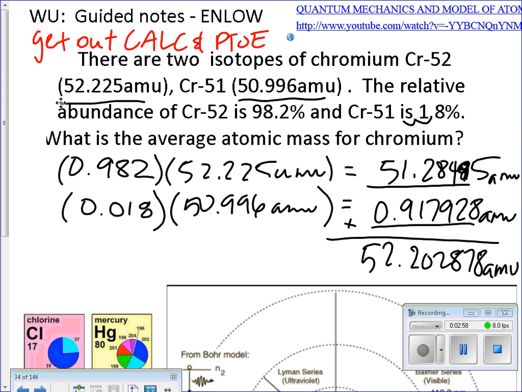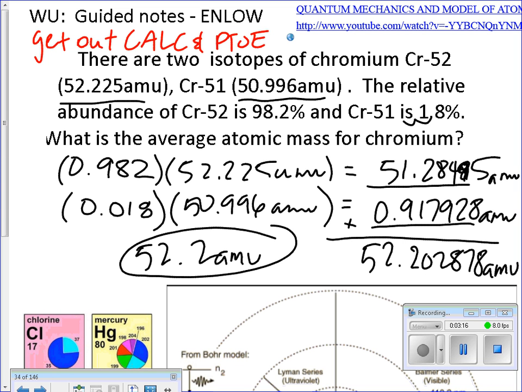So this has 1 decimal, this has 2 decimals. When you're adding, you're looking at decimals, so how many decimals should the final result have? Just 1, because this was 2 decimals, this was 1 decimal. 1 decimal is your weakest link, so this should be rounded to 52.2. Yep, AMUs. So there's our final answer there.